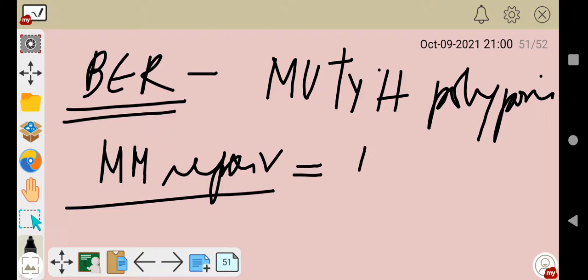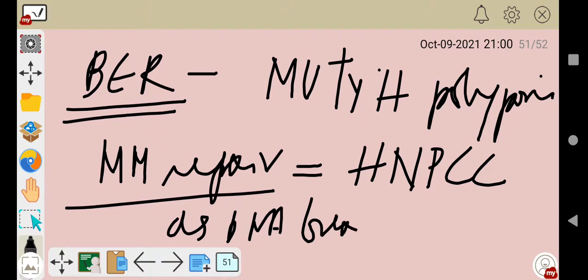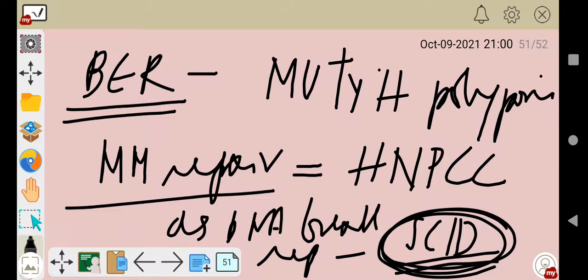Mismatch repair, this is HNPCC. Okay. Double stranded DNA break repair. SCID. What is SCID? Severe combined immunodeficiency. Okay.